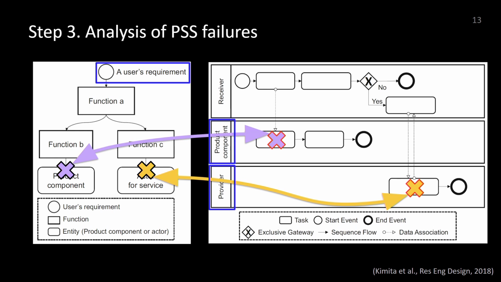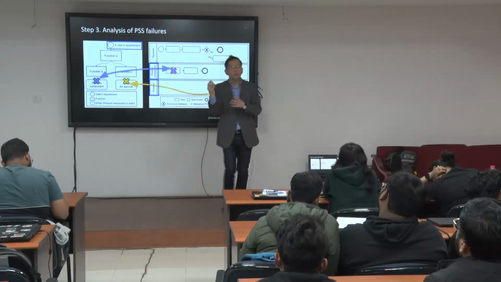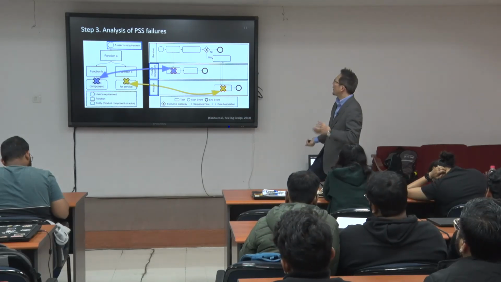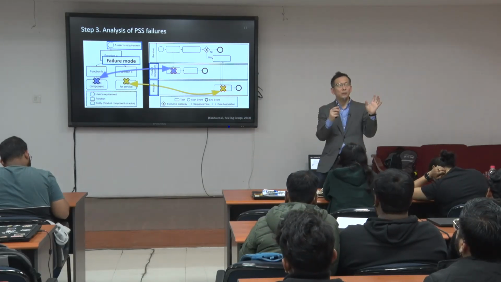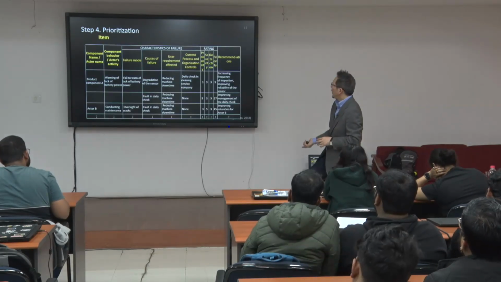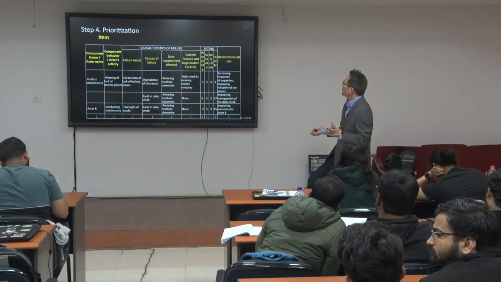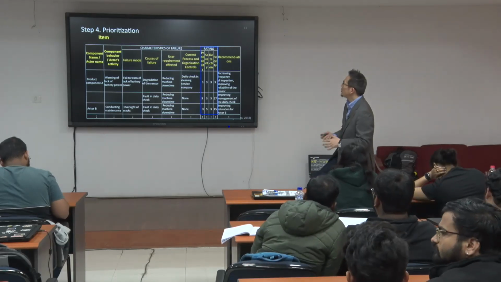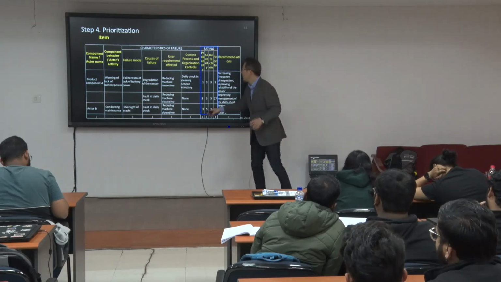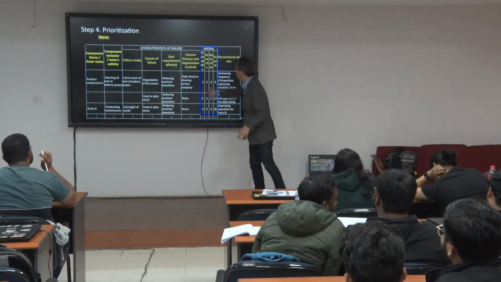And then once you have done that, you can analyze the concerned PSS failure considering the customer value you have described in an earlier step. And thereafter, this is a description of a failure mode. When you use the sheet, in step 4, you are expected to fill in the numbers for the 3 columns.